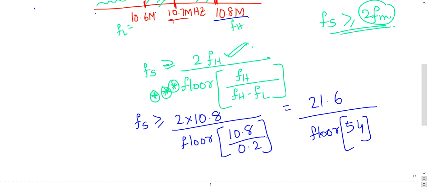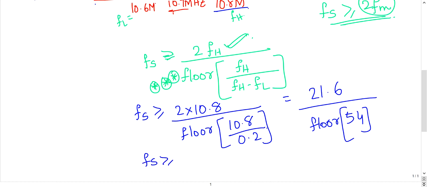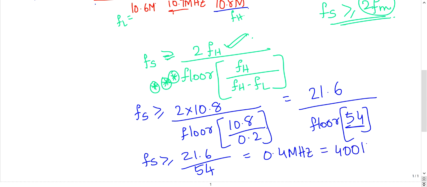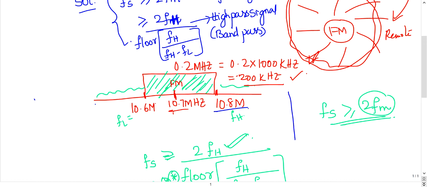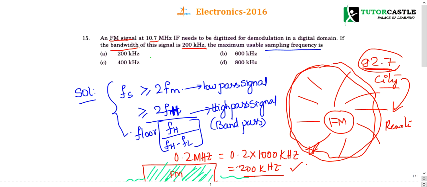So Fs must be greater than or equal to 21.6 divided by 54. Floor of an integer is always an integer. I'll explain if it is not an integer. So finally 21.6 divided by 54 yields 0.4 megahertz. 0.4 megahertz is the same as 400 kilohertz, just multiply by 1000. So the right choice is option C.